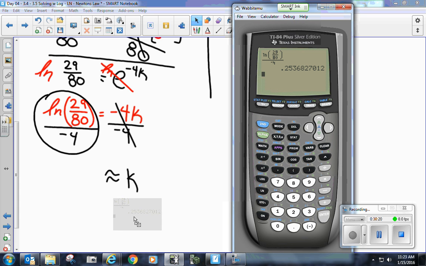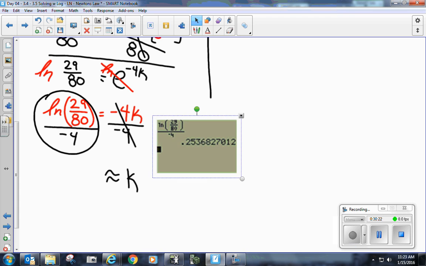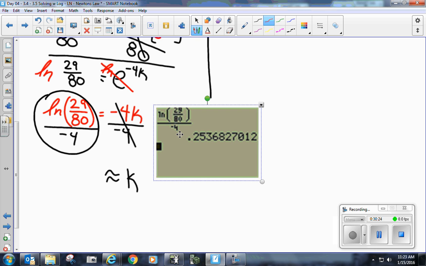And I'm going to show you something. Hopefully that's still in your calculator, okay? That is approximately 0.2537, right? If I round, that goes up to a 7. Now, I don't want to round until I find the minutes, because they're asking how long it takes to get to 20 degrees. If I cut this off and make this a 7, that's going to slightly affect the answer, because now this part is not in my exponent anymore.